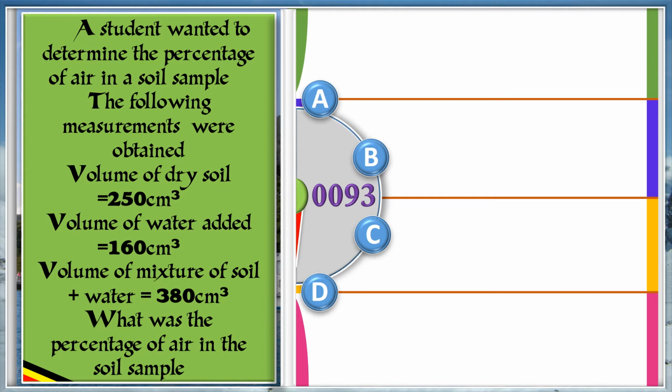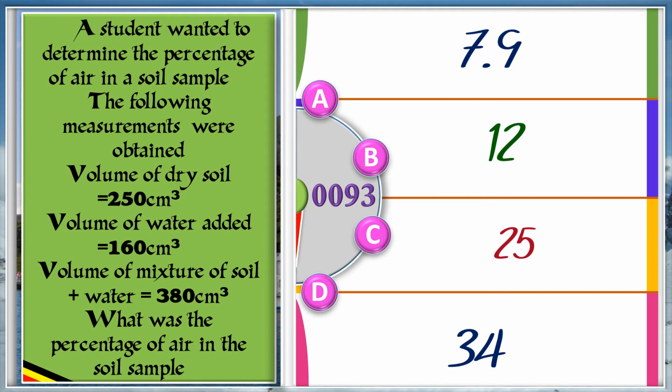What was the percentage of air in the soil sample? A. 7.9. B. 12. C. 25. D. 34. And the answer is B. 12.